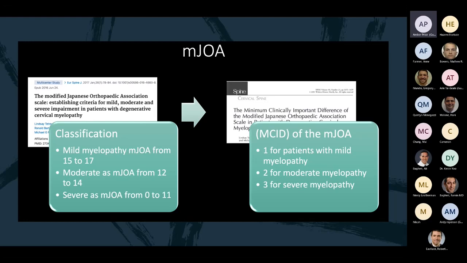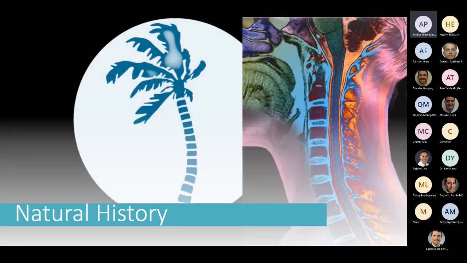Mild myelopathy is considered to be from 15 to 17, moderate from 12 to 14, and severe as 0 to 11. Here are the minimal clinically important differences for MJOA when you're looking at the literature. A change in score of 1 for patients with mild myelopathy is considered significant versus 3 for severe myelopathy.